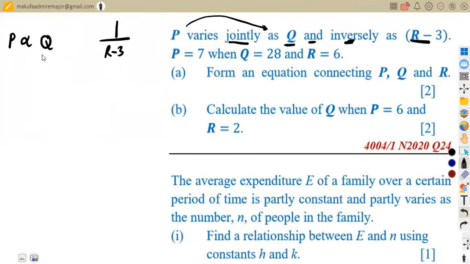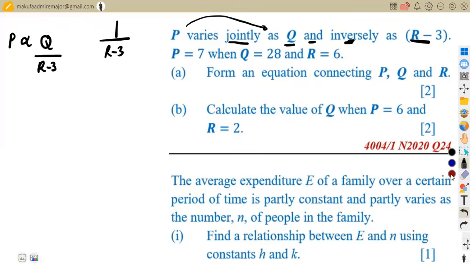So if we multiply Q times 1 over this, it is simply R minus 3 in the denominator. So the inverse is in the denominator. The direct, like I said in my introduction, is the one that you write on top. So that is what you're given in this case.